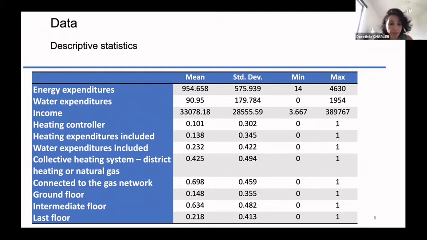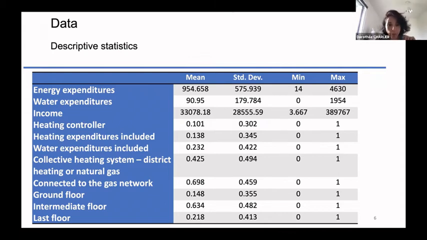What is interesting is to have a big picture of the repartition of households according to the floor where they live. We have nearly 15% of households living on the ground floor, 21% living on the last floor, and a great majority living on the intermediate floors.